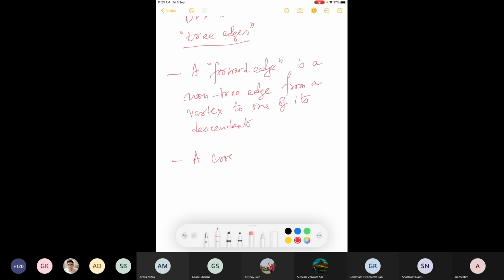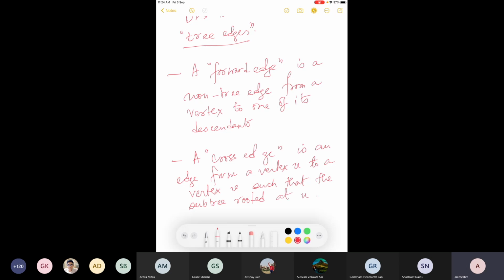A cross edge is an edge from a vertex U to a vertex V such that the subtrees rooted at U and V are distinct.